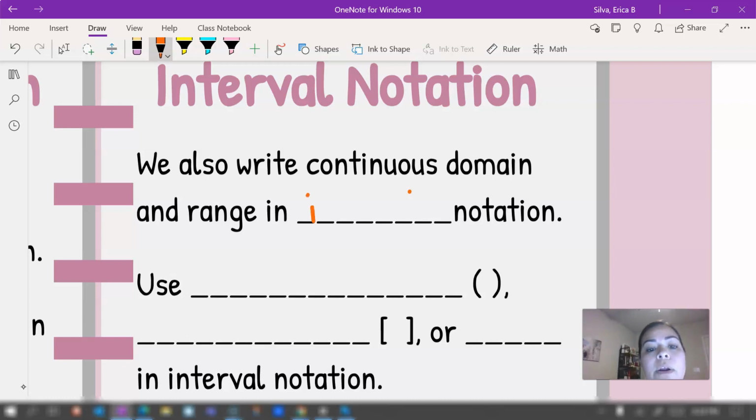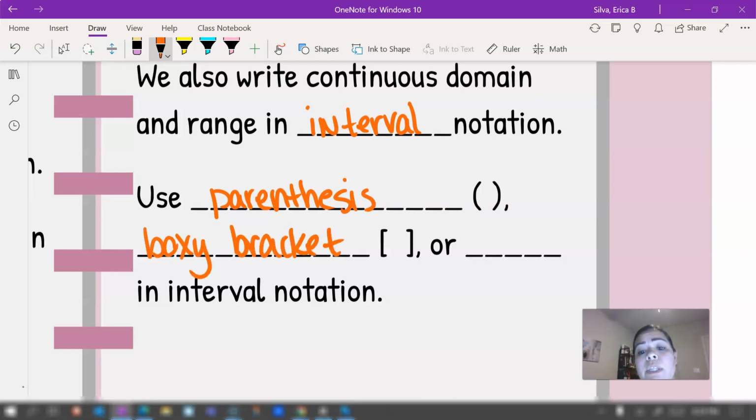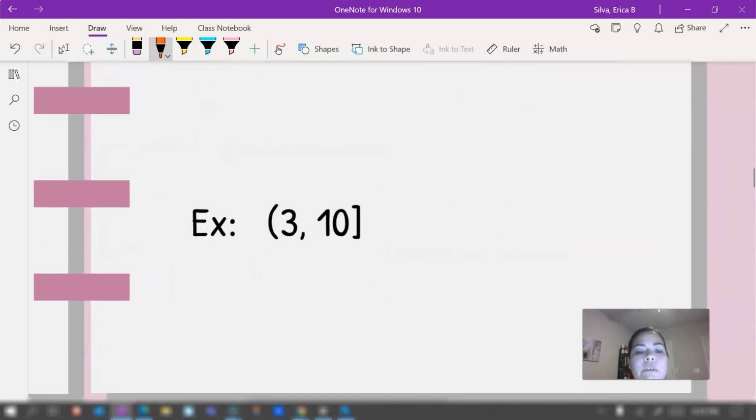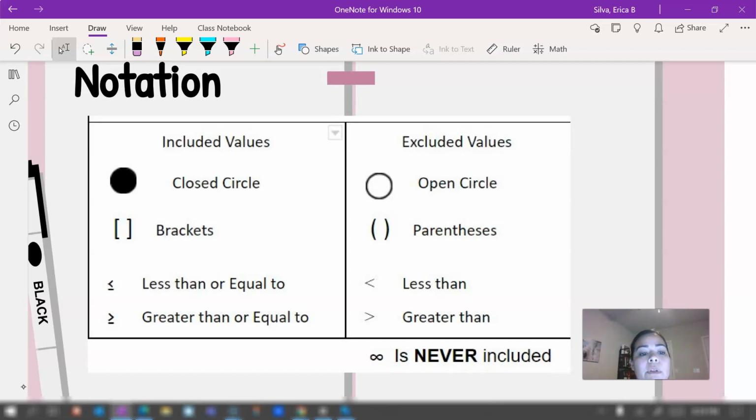We can also write it in interval notation, where we use parentheses and the boxy bracket. And we can use one, the other, or a mixture of both of them. For example, this one. All right, so included values are where we have a closed circle.